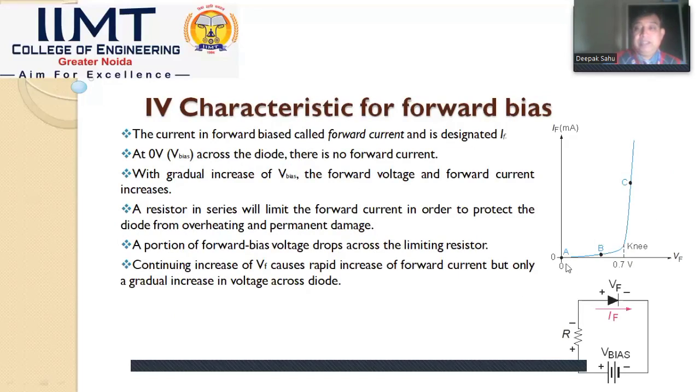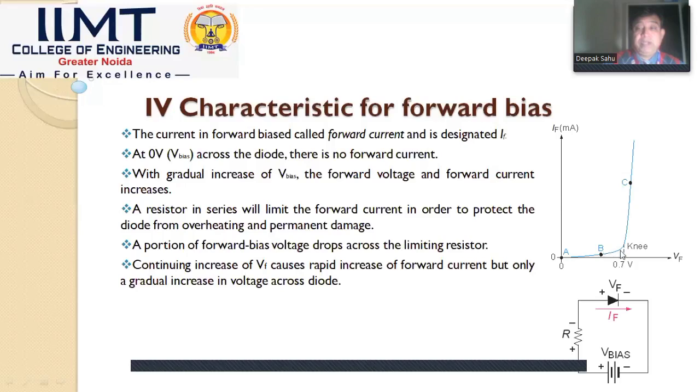You can clearly see the region from A to B, in which the forward bias voltage is very much less than the knee voltage, and current shows a minute increase.